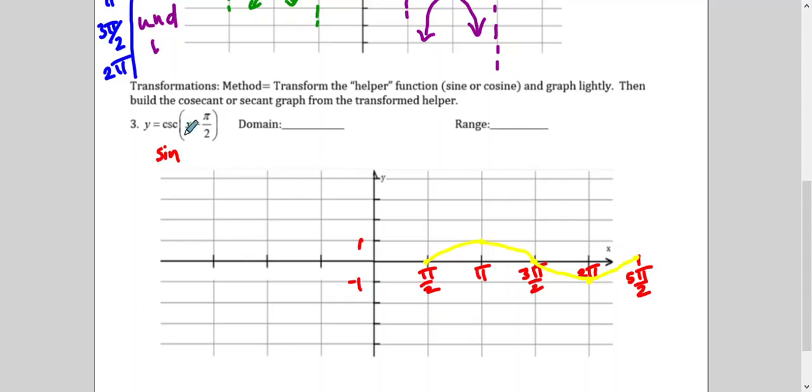Then, to graph the cosecant, everywhere my sine hits the midline, I get an asymptote, because the reciprocal of 0 is undefined. Then this maximum value is shared by the cosecant, and you flip your curve, so it's going to go like that.